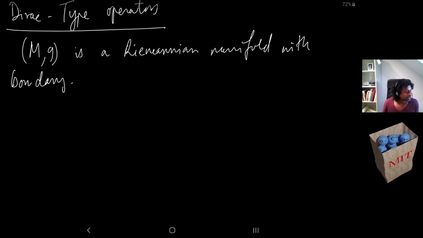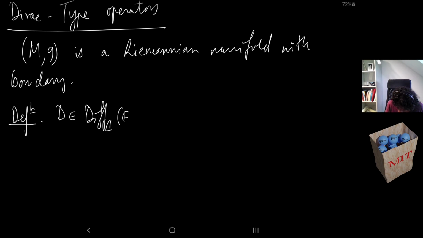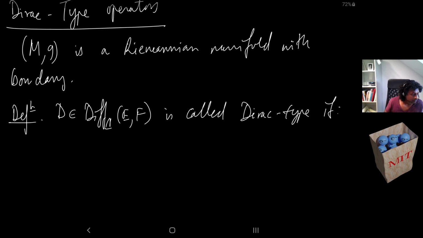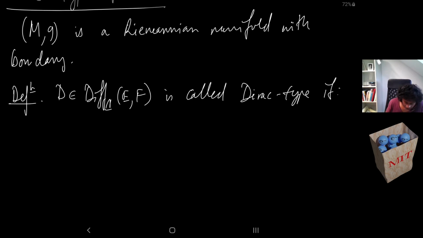Okay. So now the definition. D is Dirac type if the following symbol conditions are satisfied.